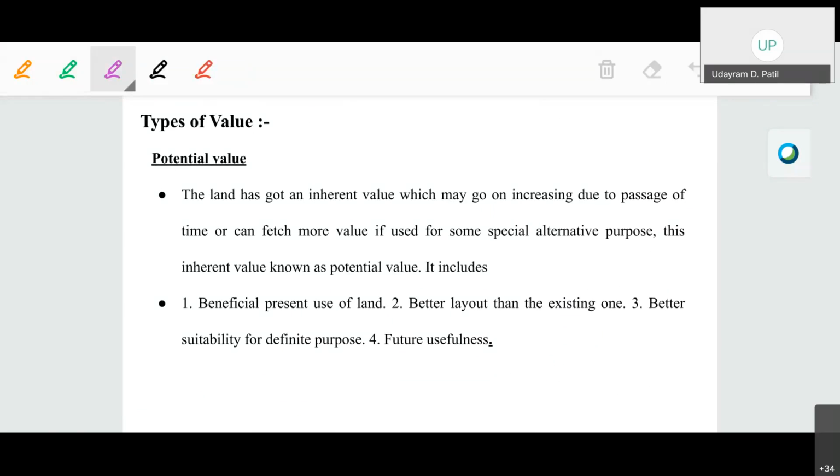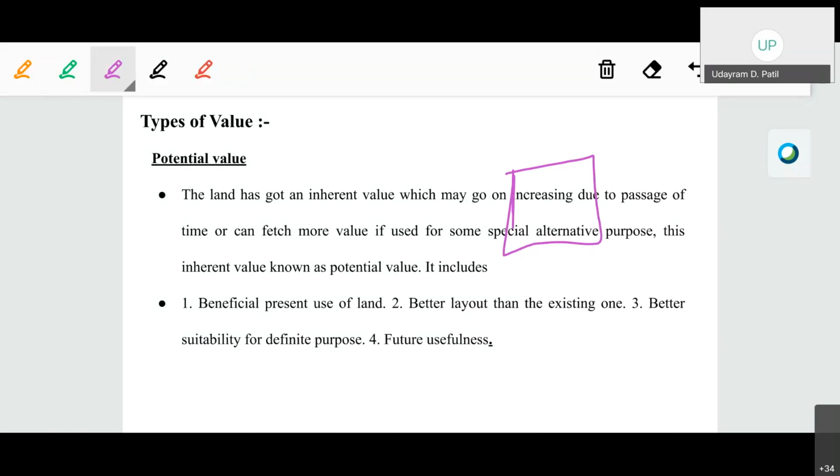Next is the potential value. Whatever the particular land or property is, it has some future value. Suppose I have a land near a developing highway.